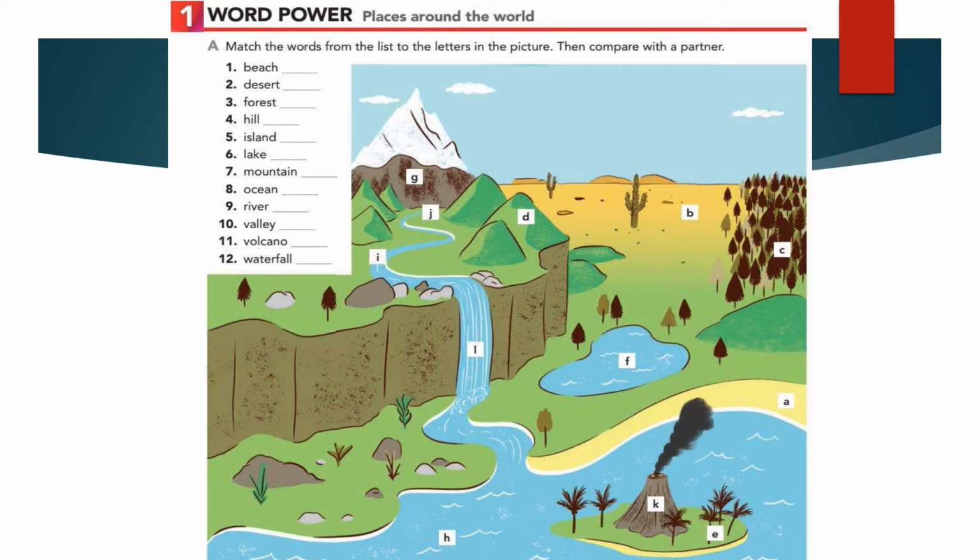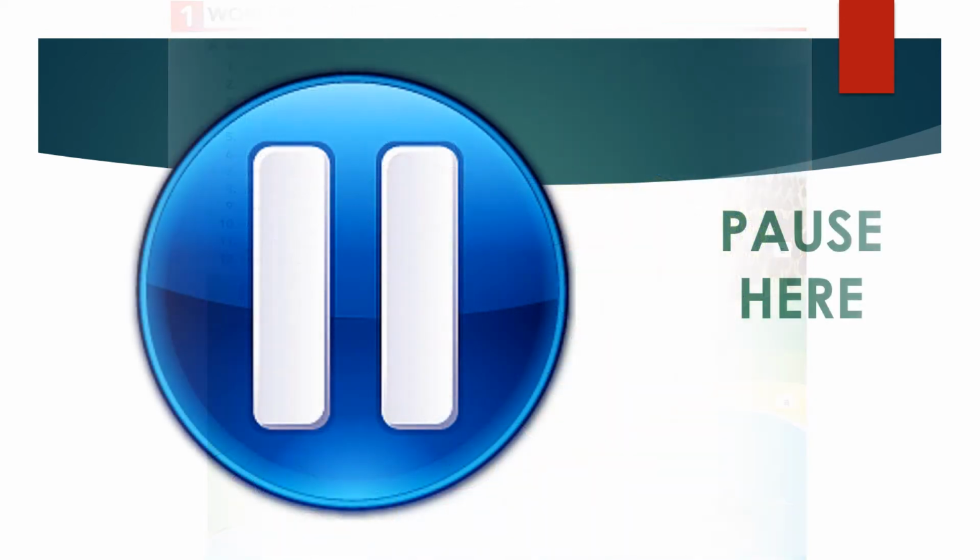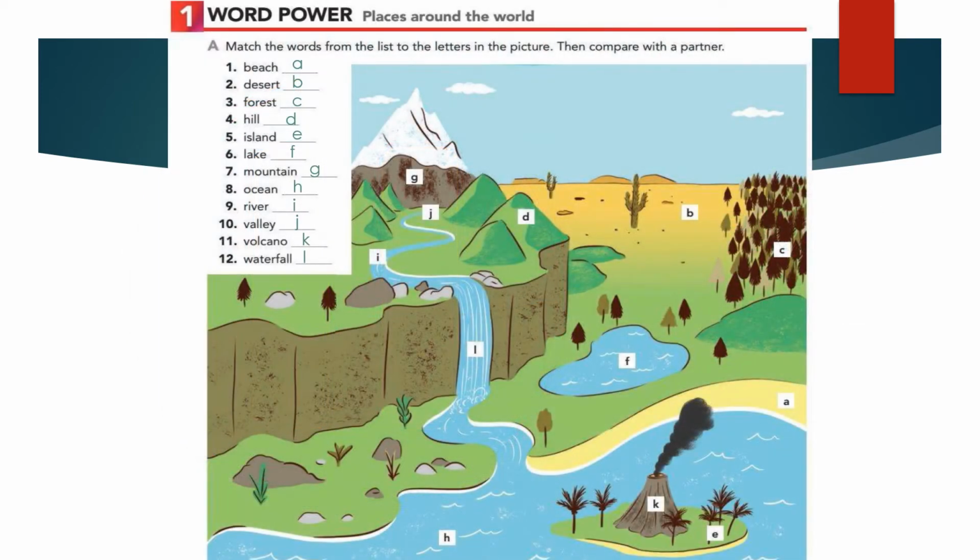Beach, desert, forest, hill, island, lake, mountain, ocean, river, valley, volcano, and waterfall. If you can see, the pictures are in alphabetical order. Check and compare your books.